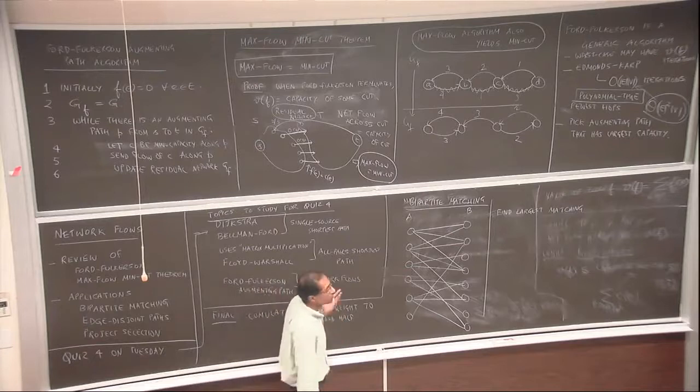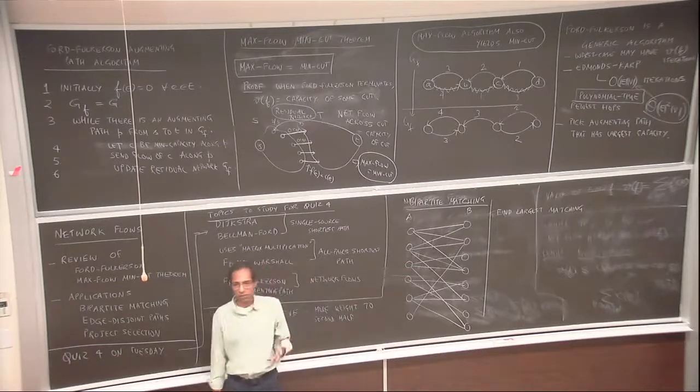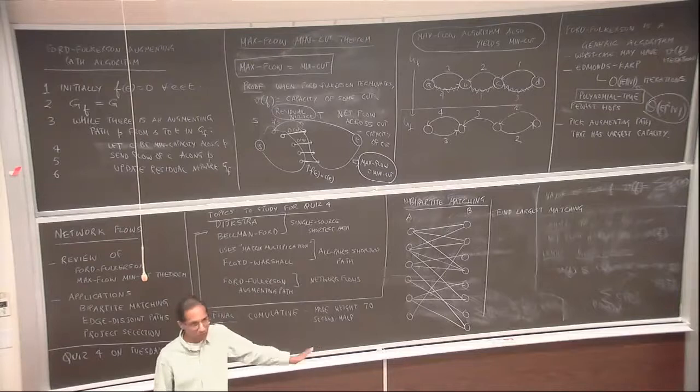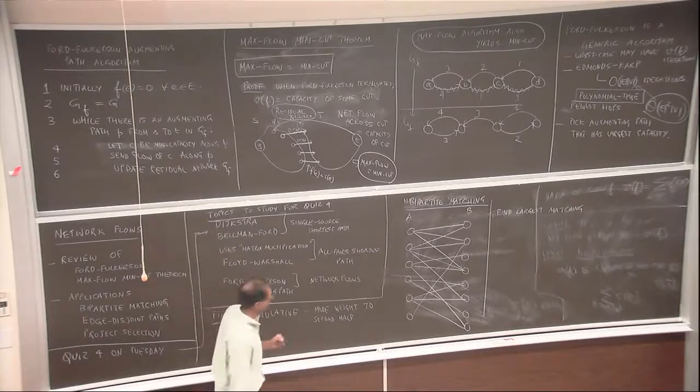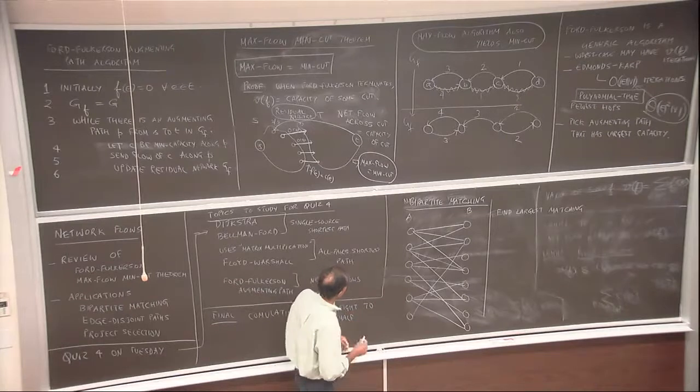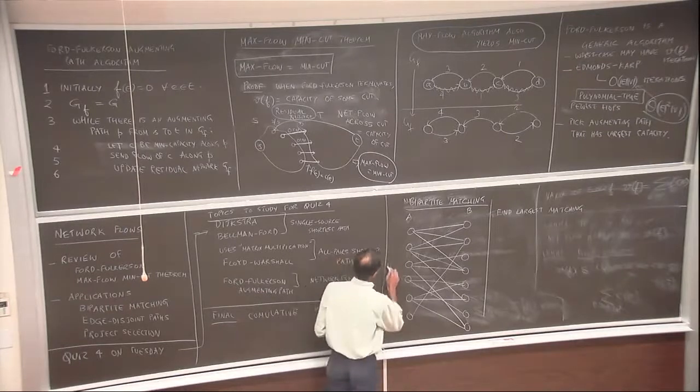But it's almost immediately possible to do this using network flows, even though the problem seems to have nothing to do with network flows. There is no talk about flow, there is no talk about cuts, but this is actually just a network flow problem. Okay. How?